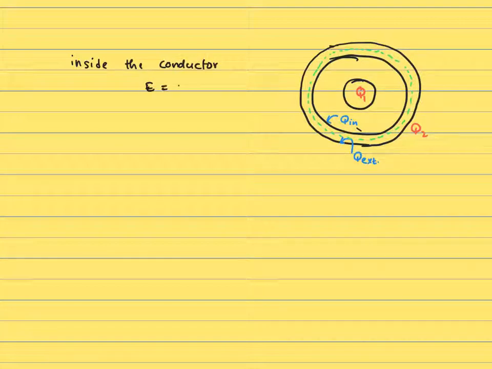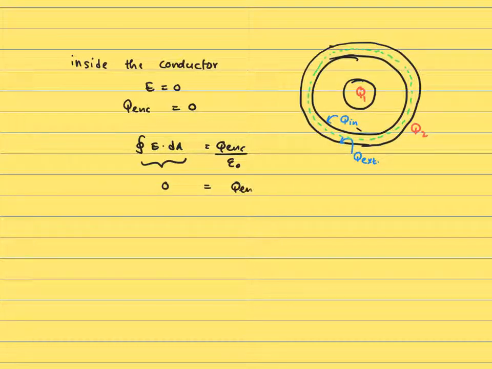E equals 0. So in order for that to happen, the enclosed Q also has to be 0, because we know the integral of E dot dA equals Q enclosed over epsilon naught by Gauss's law, and inside an electric conductor the E field is 0, therefore the left hand side goes to 0 and the Q enclosed has to be 0 as well. So Q enclosed is 0.